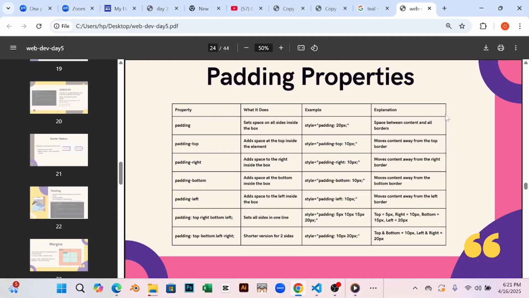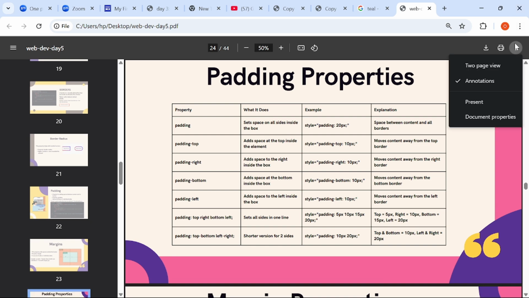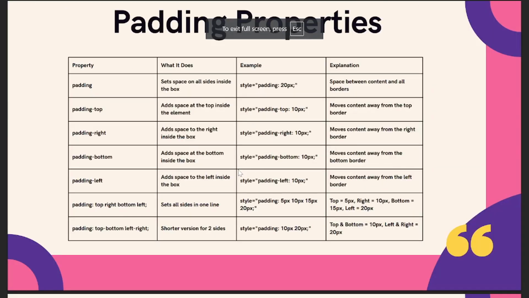I will advise you to pause the video and try out all the padding properties available. So this one that is top, right, bottom, and left. Look at how you do it. You just write the padding property. You give it like 4 different pixel sizes.